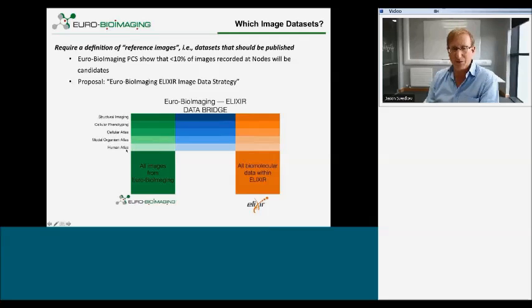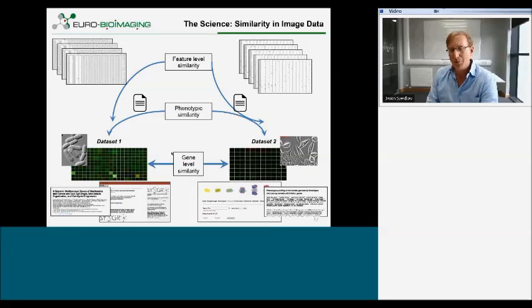In particular, systematic studies looking at structural imaging, cellular imaging, model organism imaging, human atlases, and so on. This provides some guidance going forward in terms of what kind of images we think we will need. This isn't the full story, but at least it's a reasonable start. So based on all of that, I think it's reasonable to suppose that we could try to build some kind of architecture.